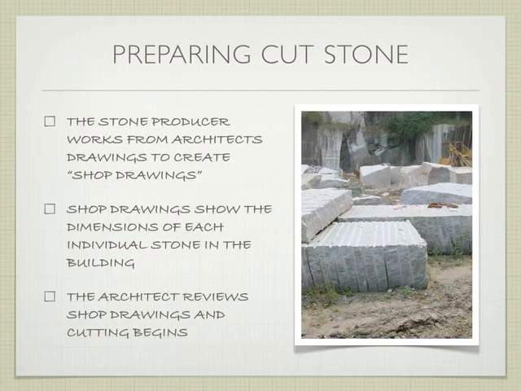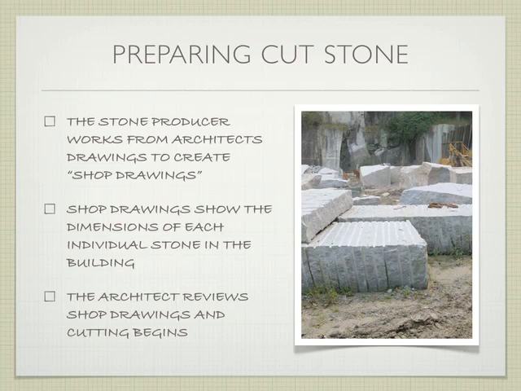So if you're a stone producer, you're going to work from the architect's drawings to produce shop drawings of the pieces that are actually needed. And there's a couple different types, and we'll talk about them in just a second. The shop drawings, and this is primarily for ashlar, are going to show the dimensions of each individual stone that's to be shaped. And by shaped, it may mean cutting it into a rough size.